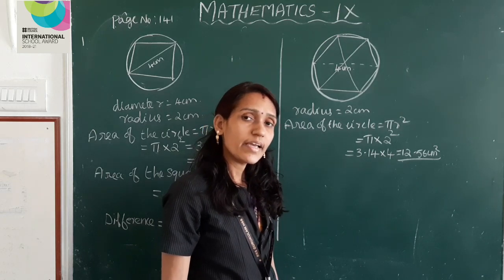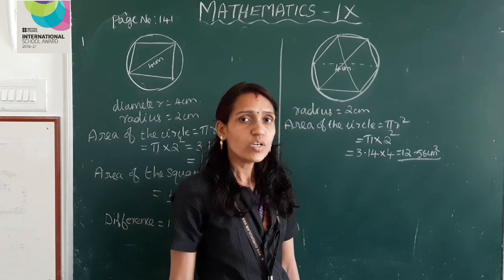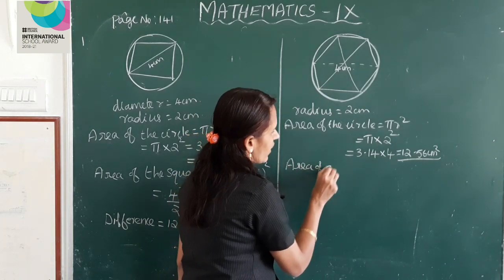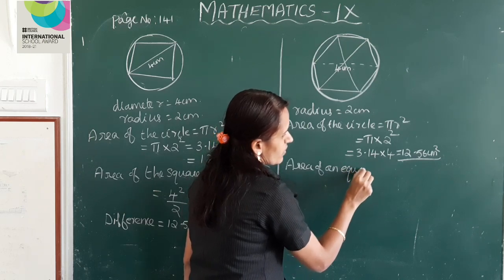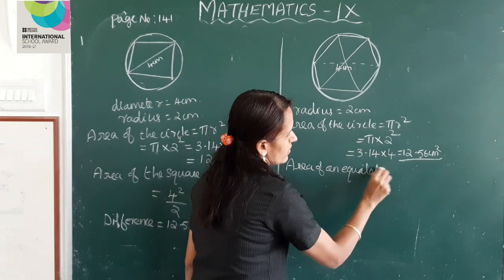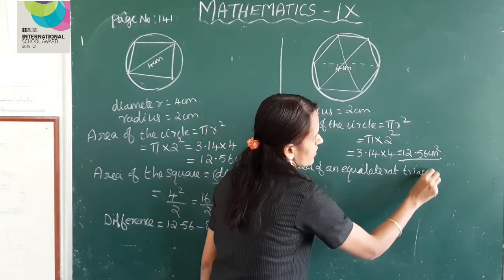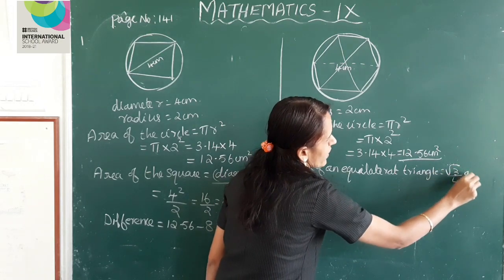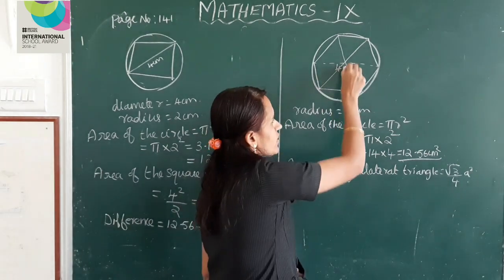Next we have to find the area of this regular hexagon. We know that area of an equilateral triangle is root 3 by 4 a square. Here a is one side of an equilateral triangle.